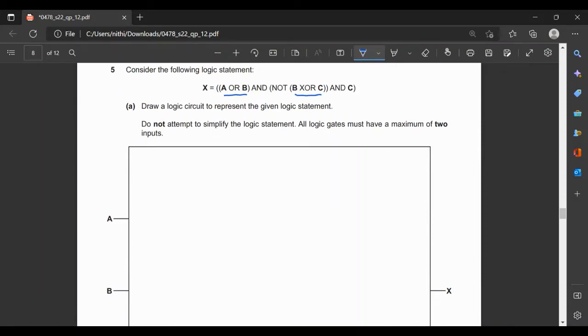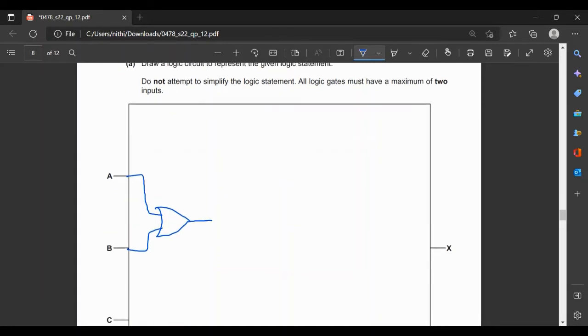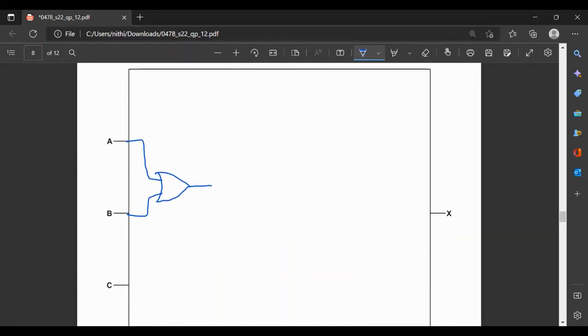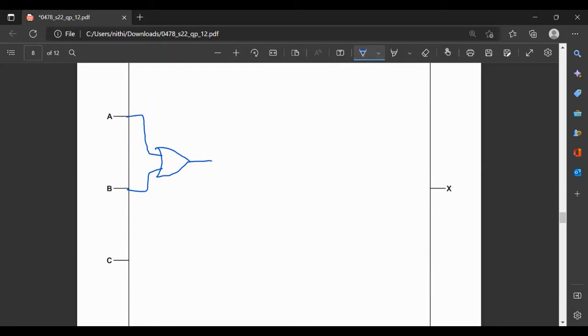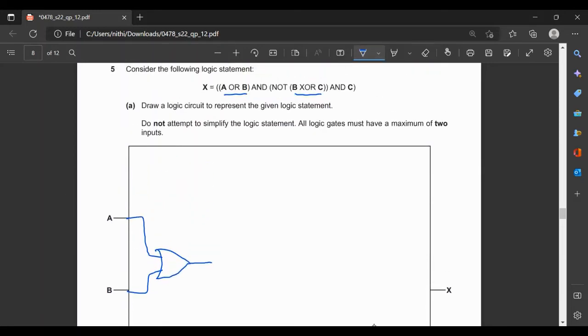So first let's draw an OR gate for inputs A and B. Next, we can draw an XOR gate for B and C, but it should be followed by a NOT gate because it's in the brackets.